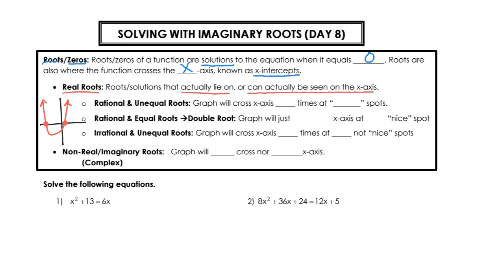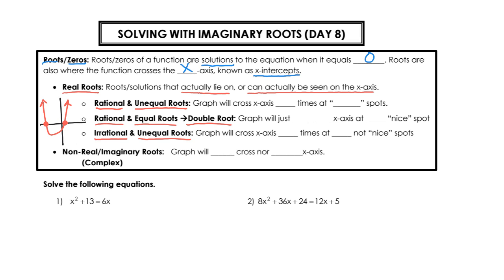And because you can really see them, these are real roots. We could have roots that are known as rational and unequal. We could have roots that are known as rational and equal, which is known as the double root. Or we could have roots that cross at not nice numbers, unlike rational, and they're called irrational and unequal.